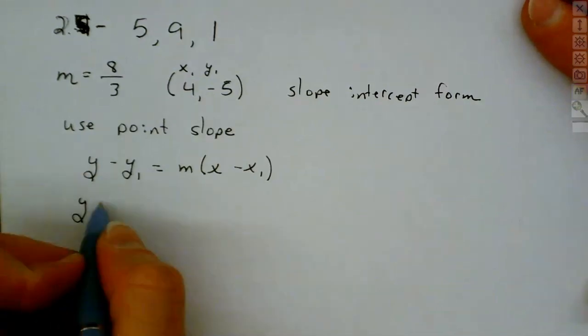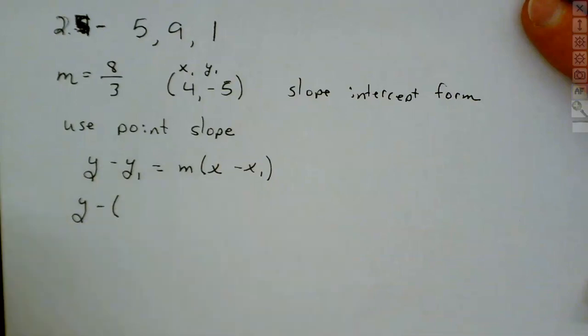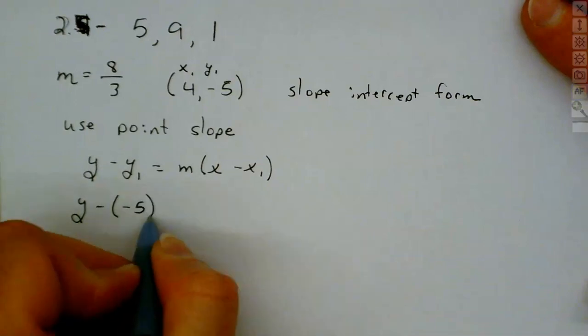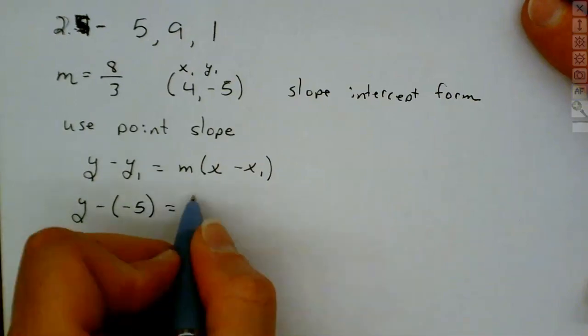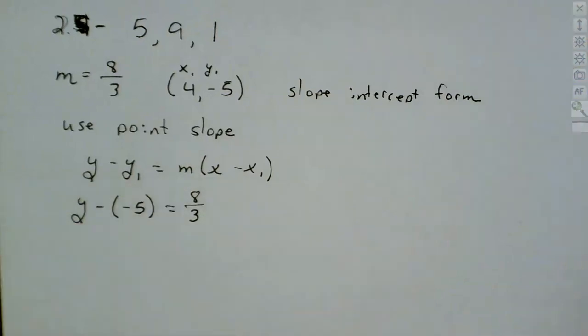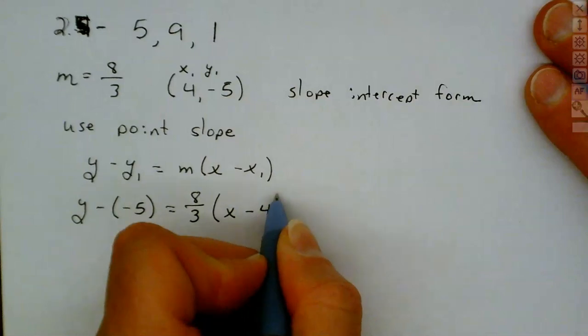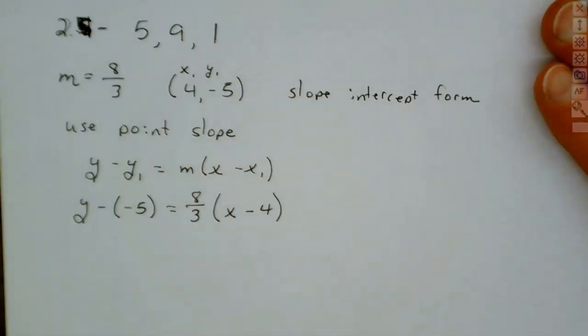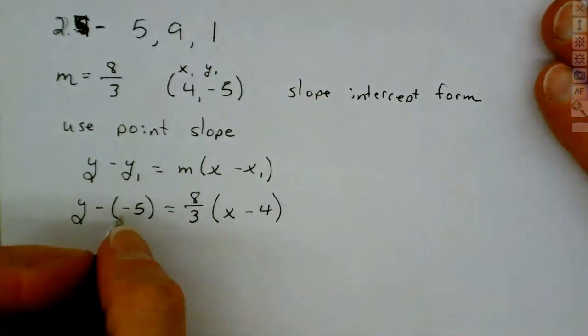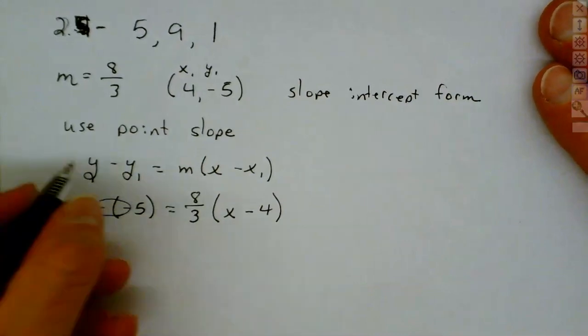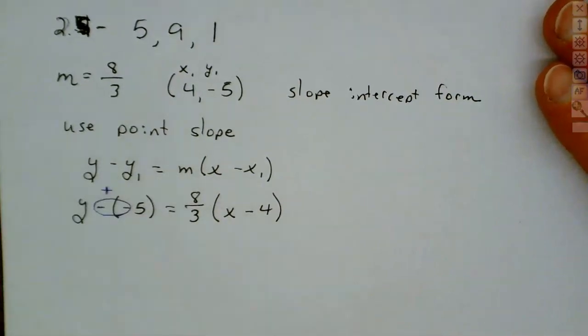Now watch out for double negatives. So that's going to be y minus a minus 5 equals 8/3 times x minus 4. So again, be very careful of the double negatives here. That's going to make that positive.